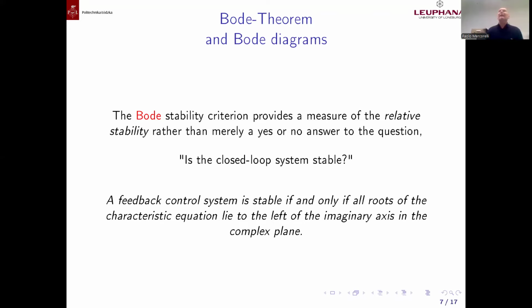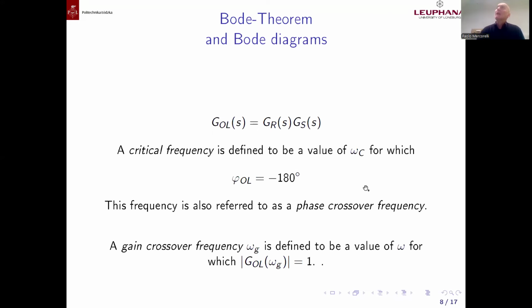But if you go ahead with my fields in control, you will realize this. Now, exactly, the open loop transfer function, as I told you before, is GR multiplied GS in S. Give me 10 minutes, and then we will take a rest. So we conclude this theoretical part, and in the second part we apply it.